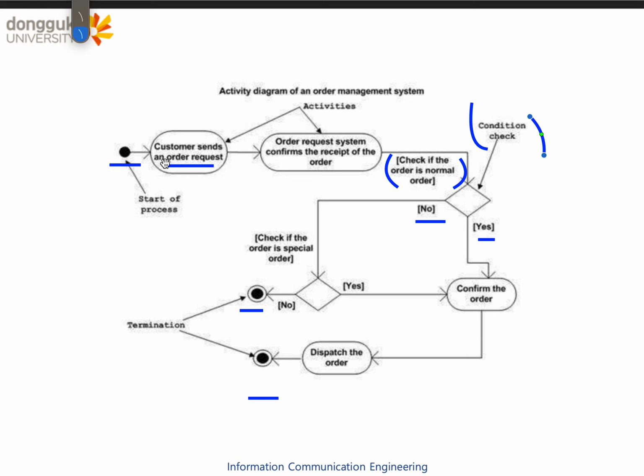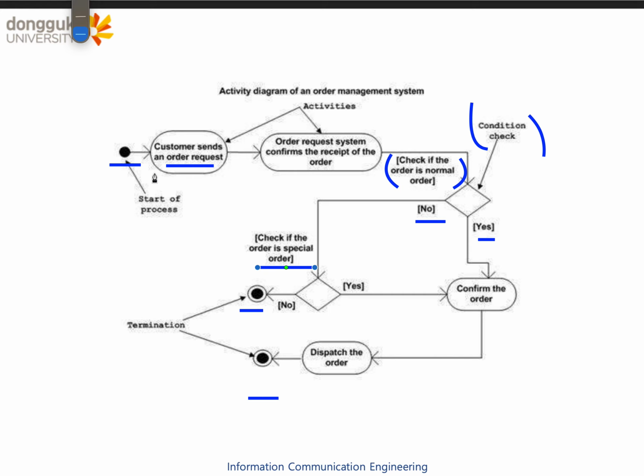So in the activity diagram, you describe some detailed actions with conditional execution here, and this is a conditional executor, and the condition should be checked this way. Okay, and this is the result. So yes, no, yes, something. So this is the order of the system.